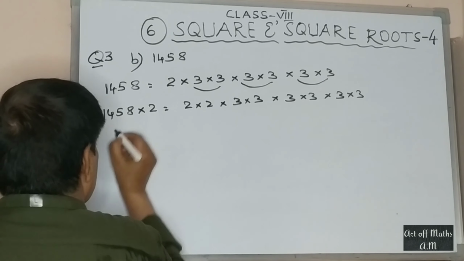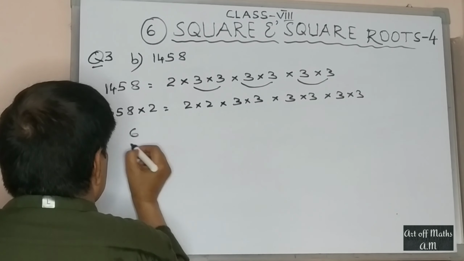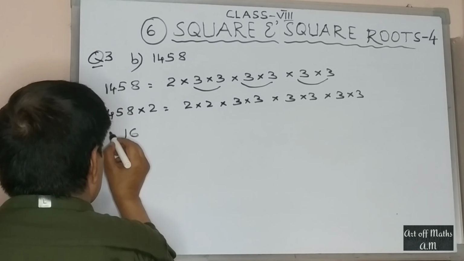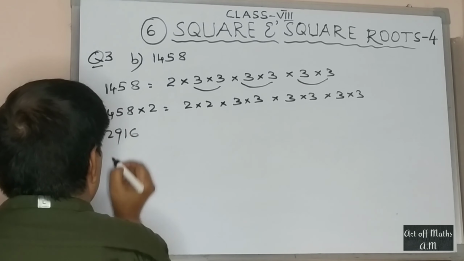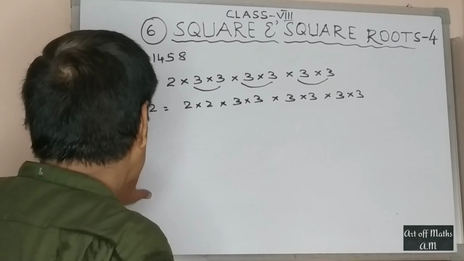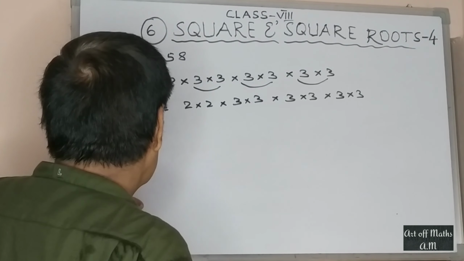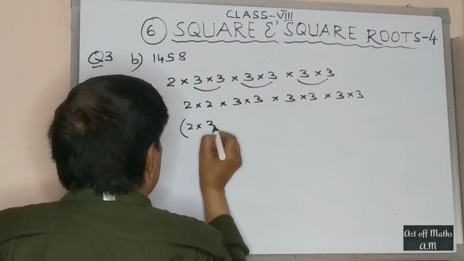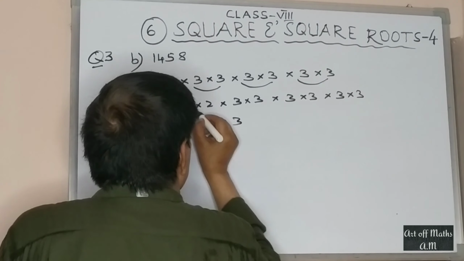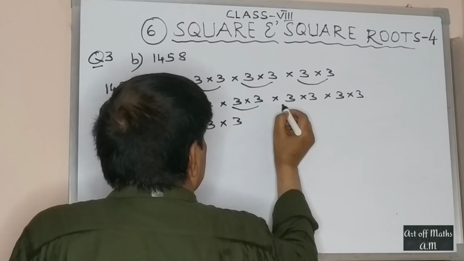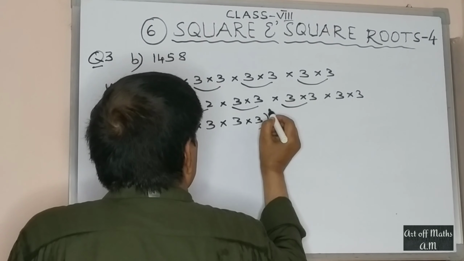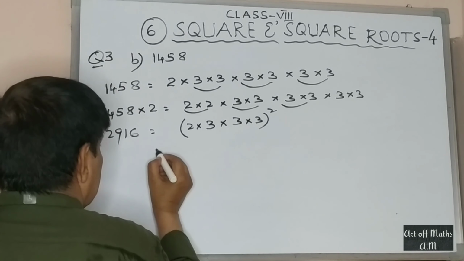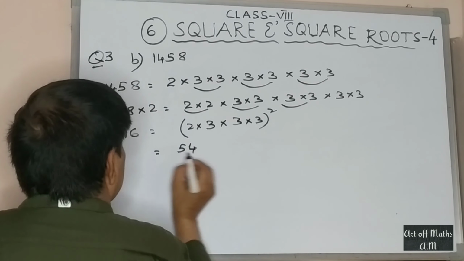Now here, 2 into 3 into 3 into 3 into 3 whole square. 27 twos are 54.